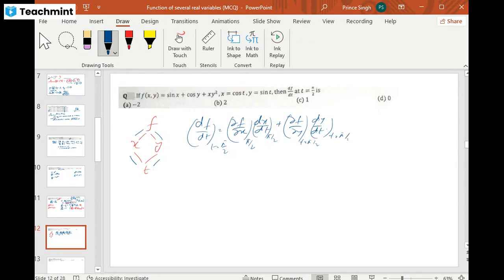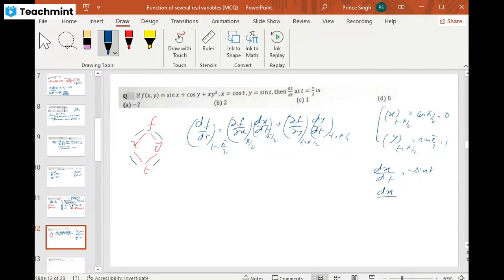Firstly, we calculate the values of x and y at t equal to pi by 2. What is cos pi by 2? This is 0. What is y at t equal to pi by 2? It is sin pi by 2, whose value is 1. And what about dx upon dt? The derivative of cos t is minus sin t.